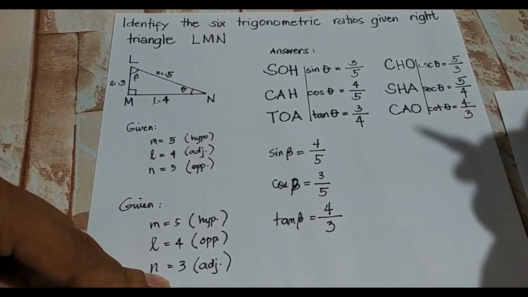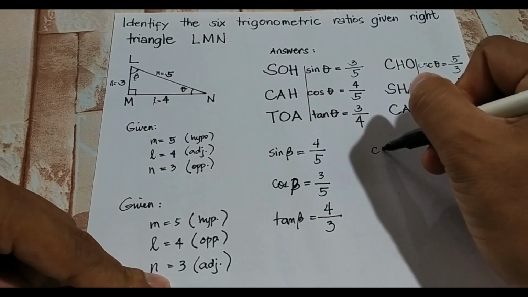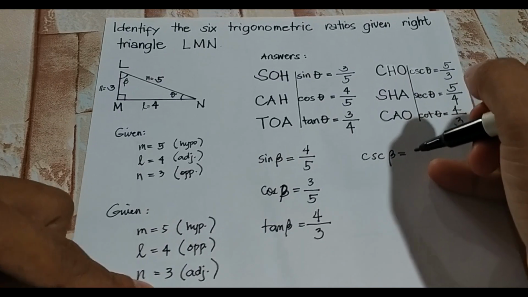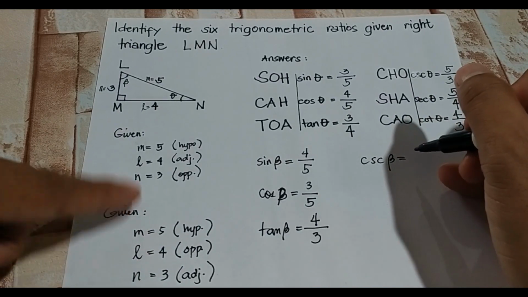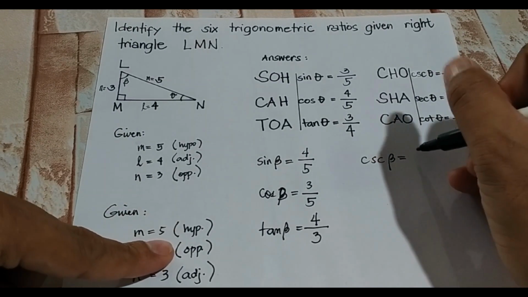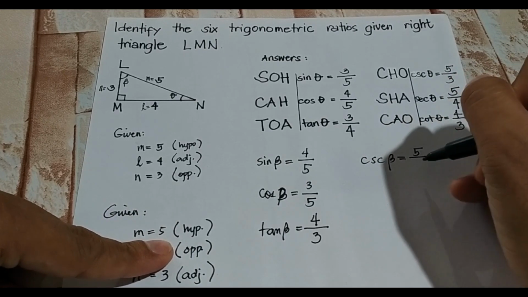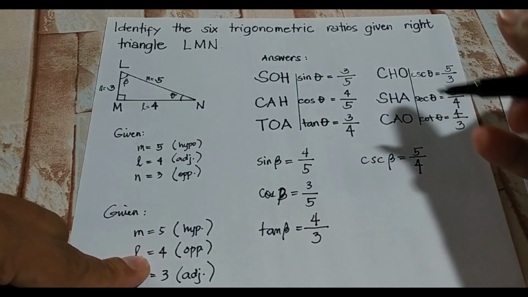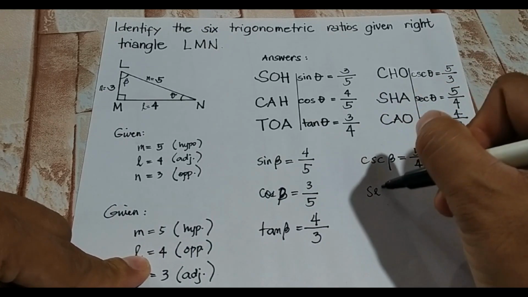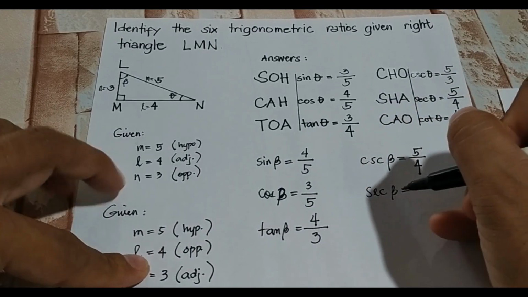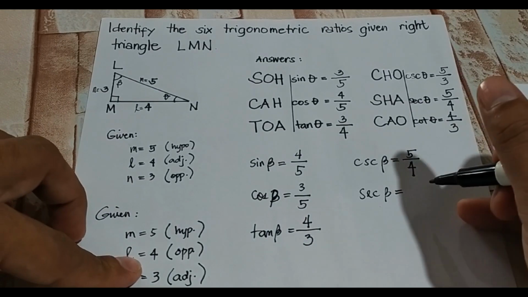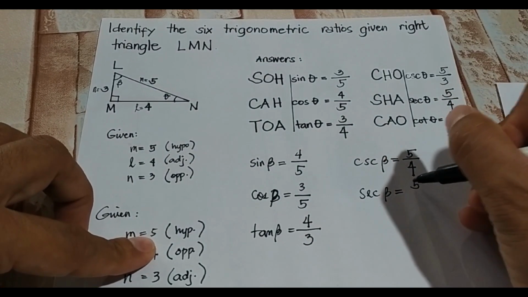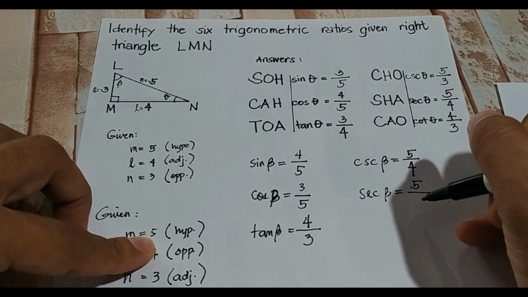Is that clear? Now for cosecant beta, you have hypotenuse, which is 5, over the opposite, that is 4. Is that clear? And we have secant beta: hypotenuse, which is 5, over the adjacent.